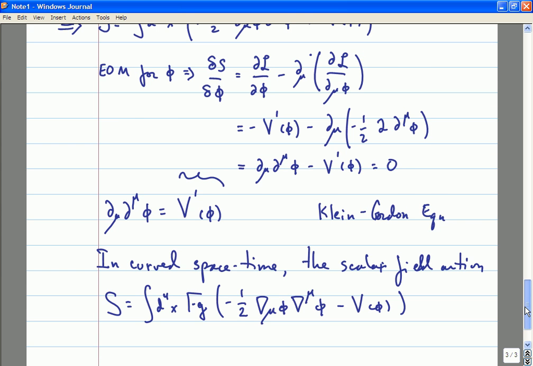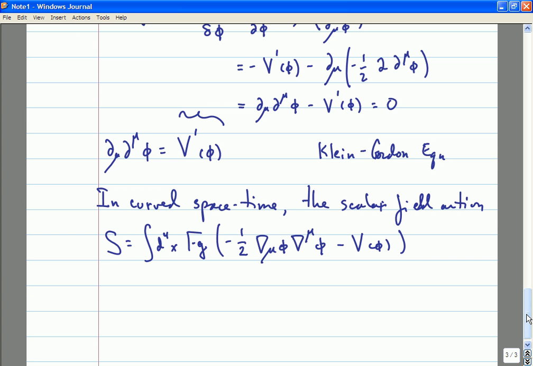So you can see here that the metric dependence of this will enter in two ways. First, it will enter through the overall prefactor of the square root of minus g, and second, it will enter through the derivatives, which we have now replaced by covariant derivatives, which of course depend on the metric of spacetime.